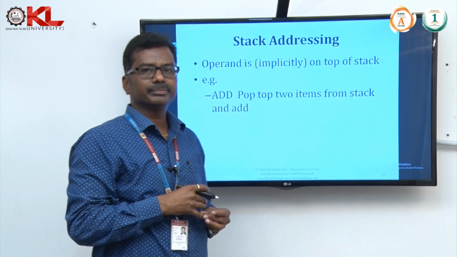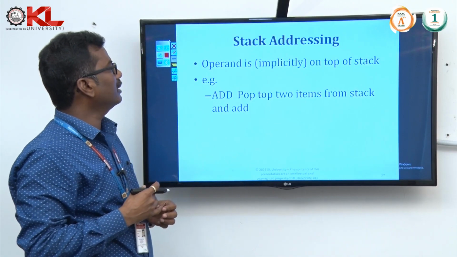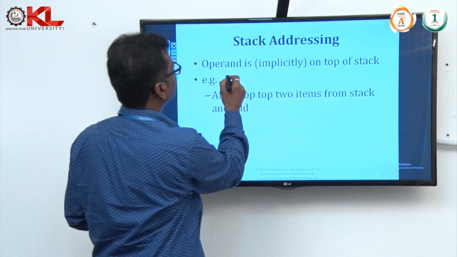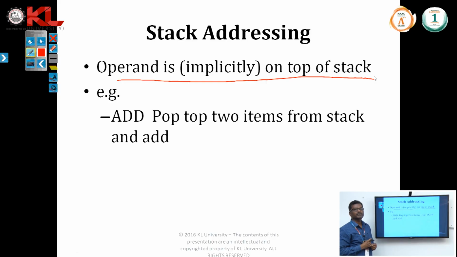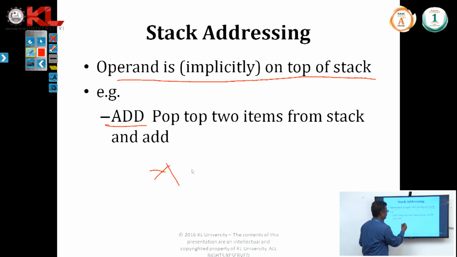Stack addressing. In stack addressing, the operand is implicitly on the top of the stack, especially while doing operations with respect to stack memory. Then this particular addressing mode is popularly used. For example, we have the simple instruction add.